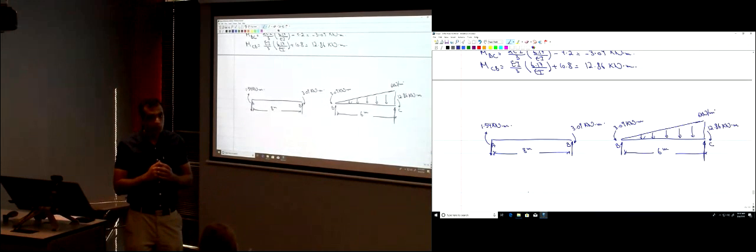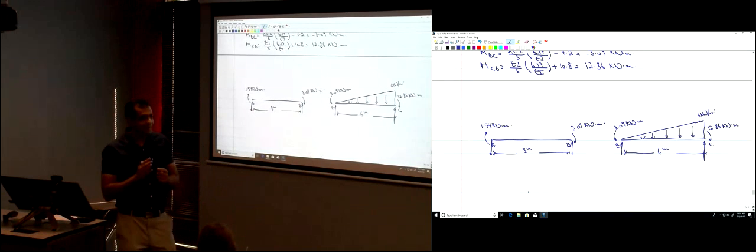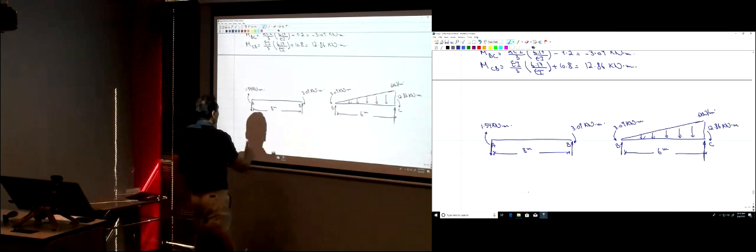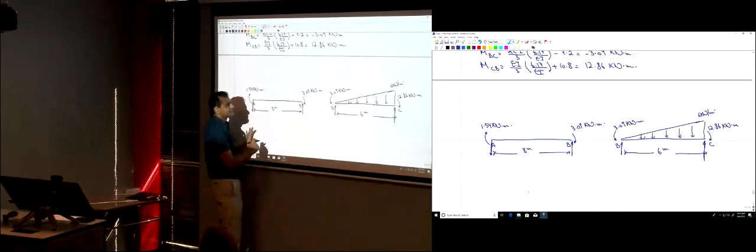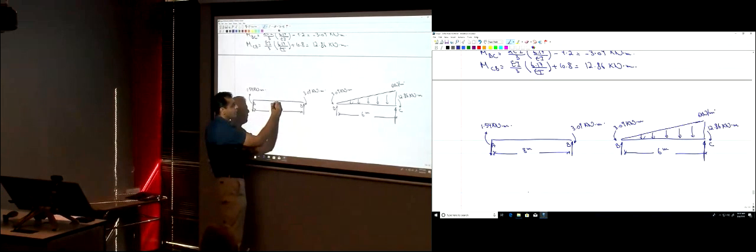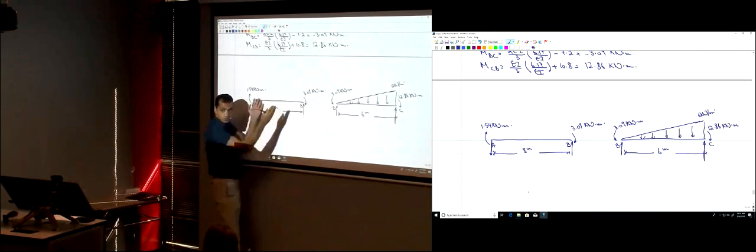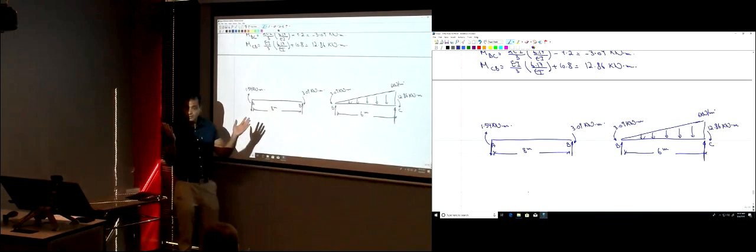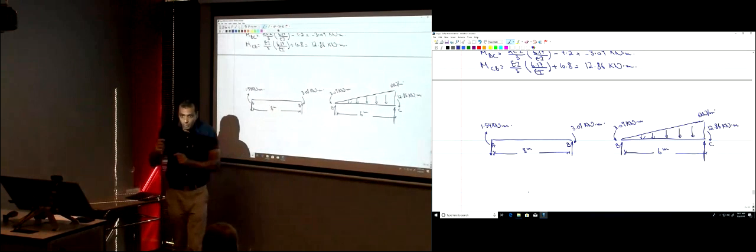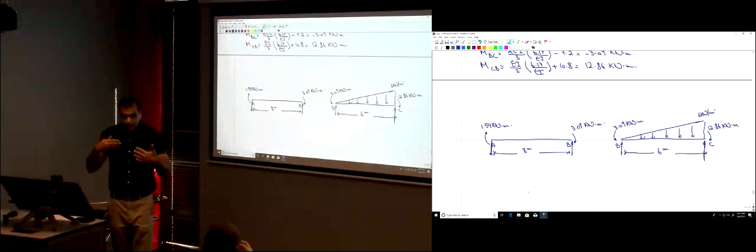When I ask you how much is the moment at this point, there is no applied moment here. The moment is 0. But when you break it, there will be 2 moments, equal and opposite in magnitude. That's the magnitude of the bending moment diagram. It only appears when you break it, right?